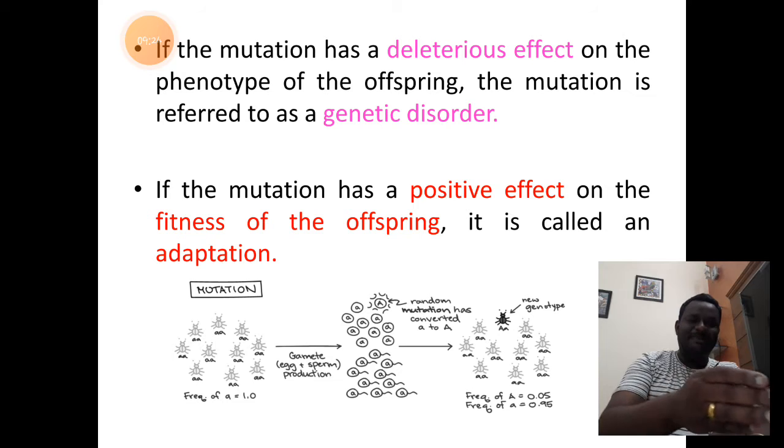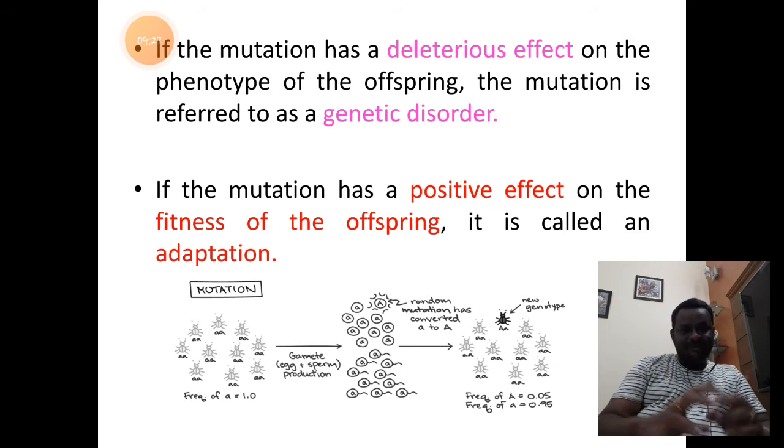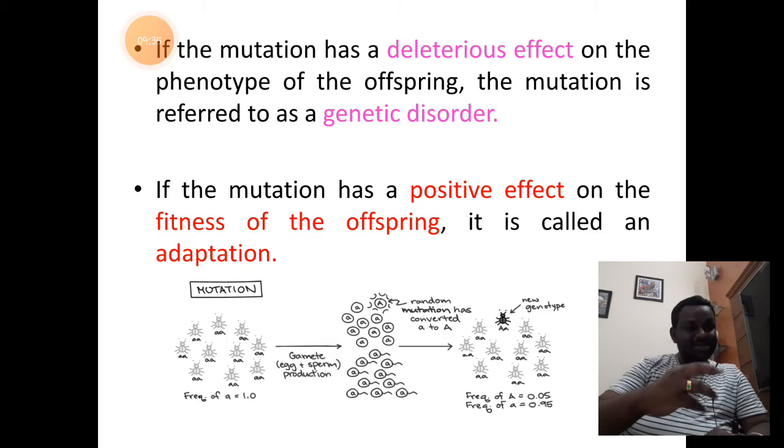So as I explained in the previous slide, we have the original population. During gamete formation, there occurs mutagen exposure. So mutation has occurred in certain genes of the gametes.